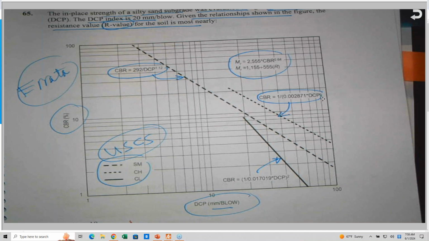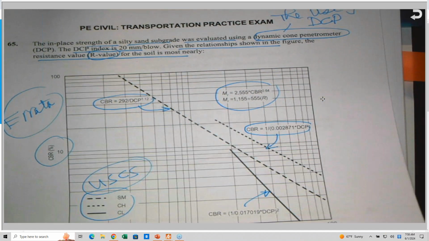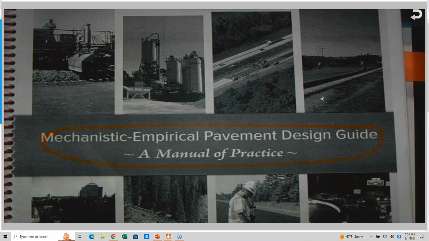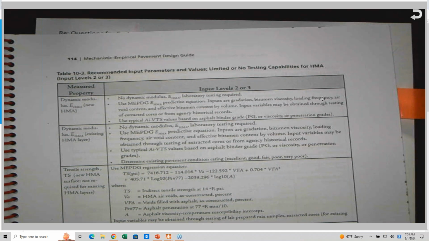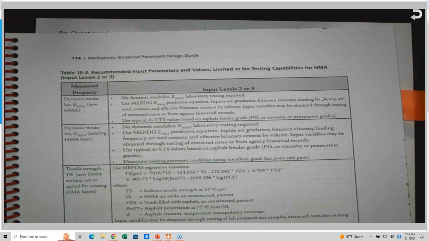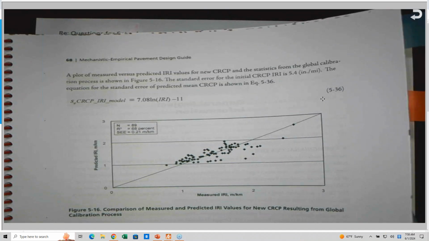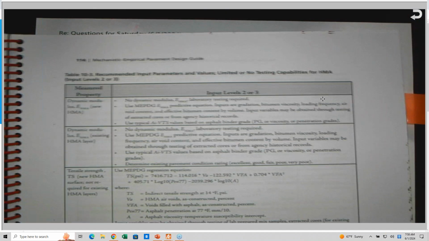When I tried, I got about 26 for the R value. Can you please explain the difference between so and so and so? Okay, and mechanistic on page 100. So let's go to mechanistic page 100 first, at least to see what it is.